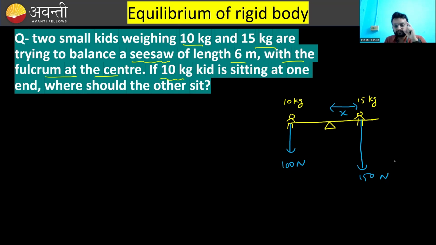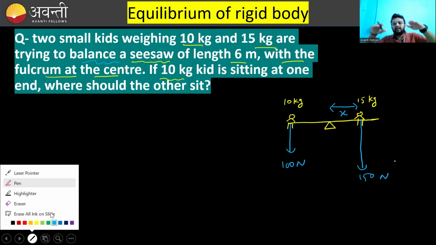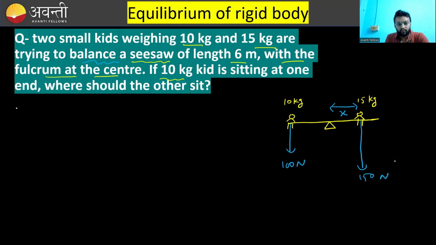I think it is clear to you. Now, this is the seesaw and they are trying to balance it. Balance means it's not rotating, it's in equilibrium. That thing you need to know.